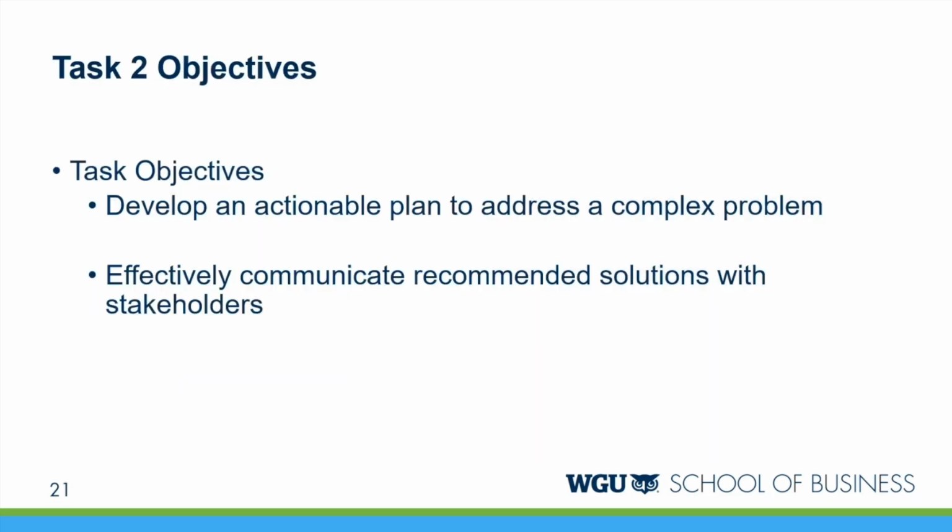All right, task 2 objectives: develop an actionable plan. Now you're solving it, and it needs to have action steps attached to it to address this complex problem. Effectively communicate recommended solutions with stakeholders. So you decide what the solution is, and you're going to decide how that communication would happen.